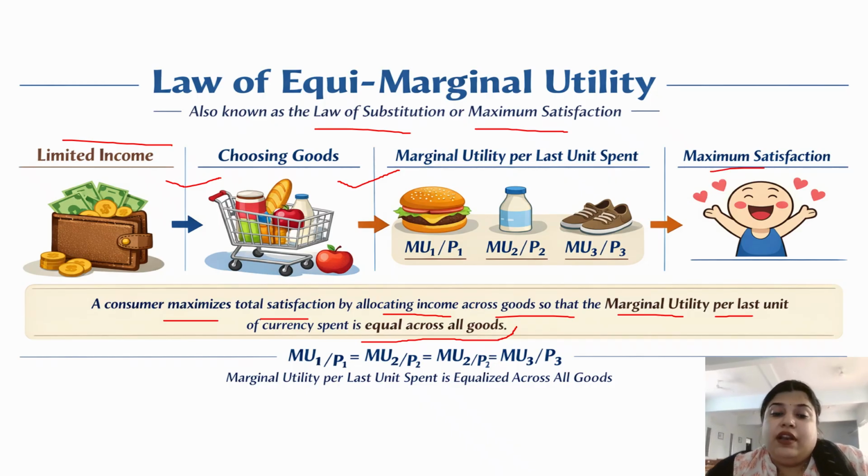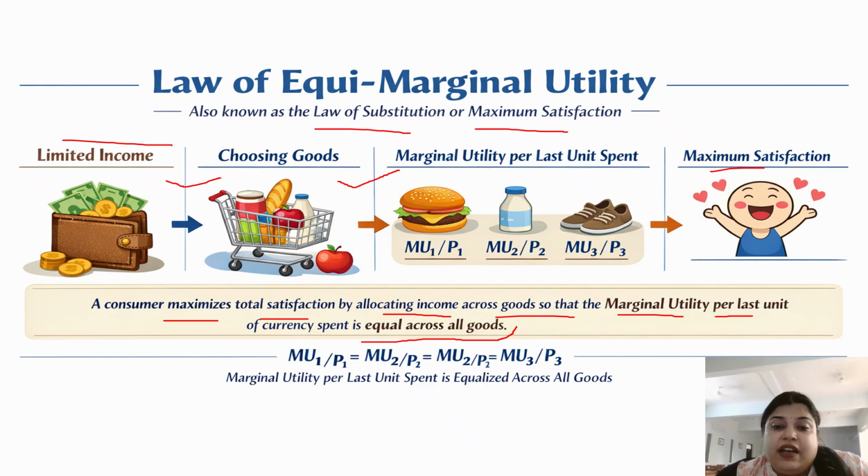Here, we can allocate our income in such a way that we find different utilities from the goods, and that they are equal. So here, the law of equimarginal utility states that the marginal utility per last unit spent is equal across the goods.